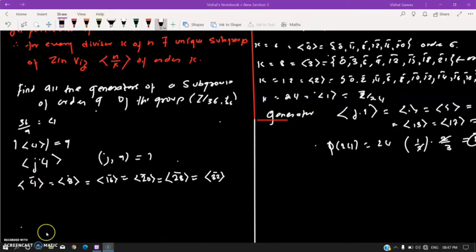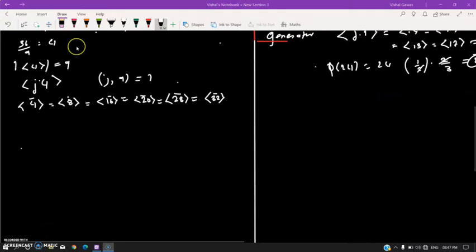One can look at more examples, sorry. Then let's look at the generators.